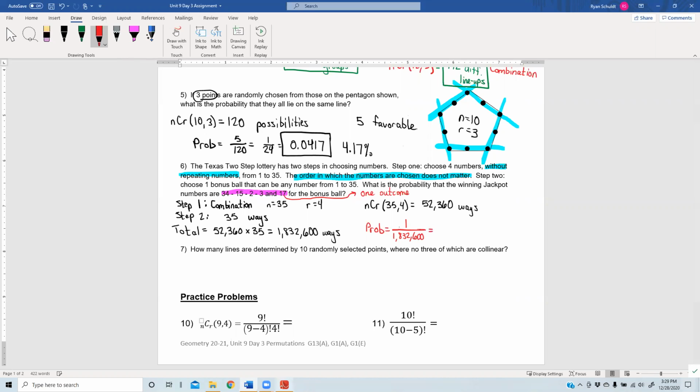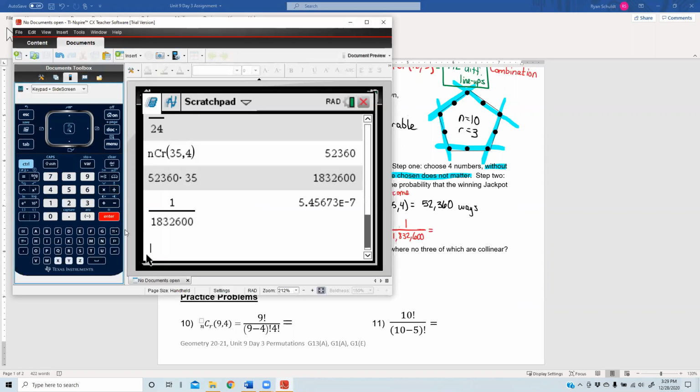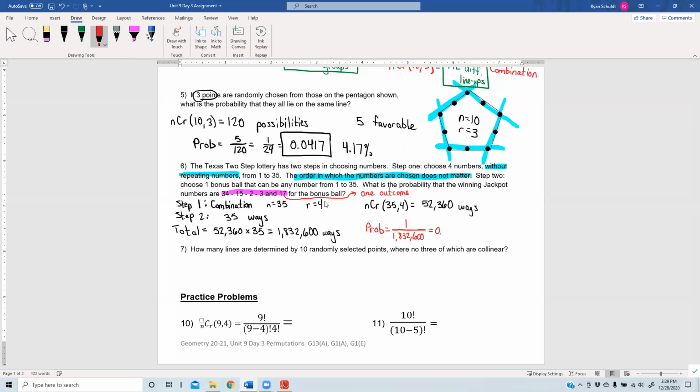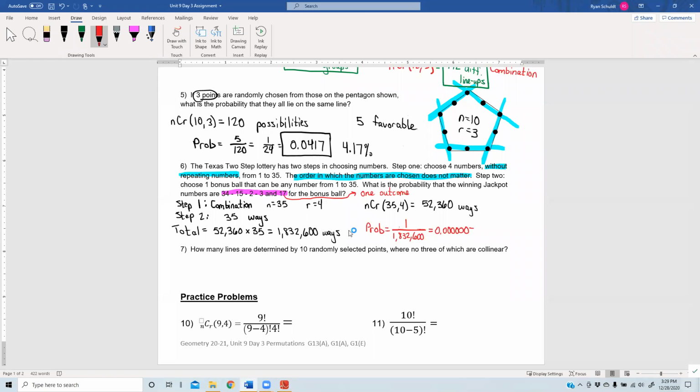which as a decimal would be what? So I have 6 zeros in front. 0.000000546.